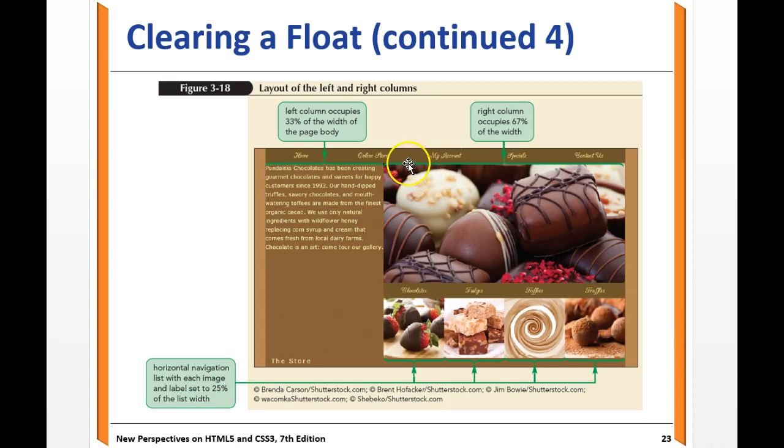So this is 67%, and then each of these will be 25% of the list width. If the list width is 100%, you have 4 parts, so each of them is 25% of the list width.